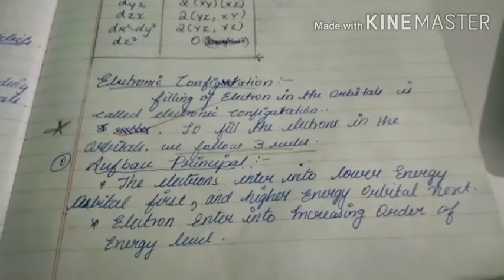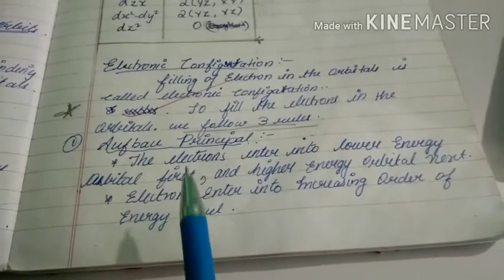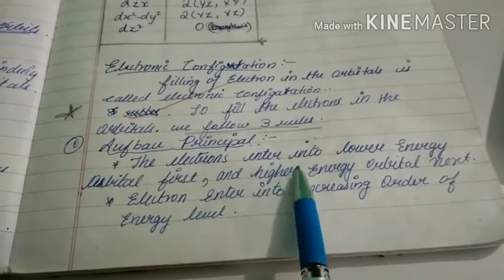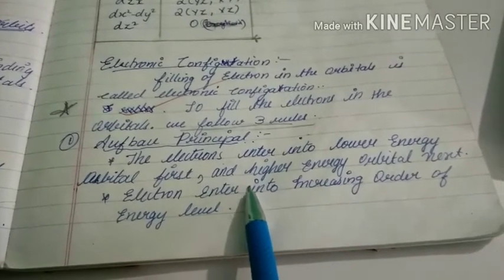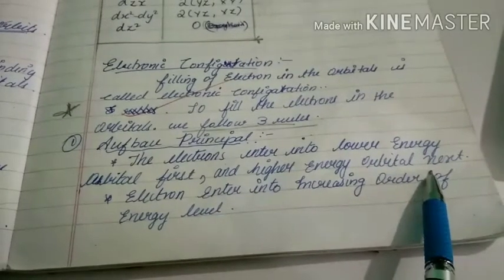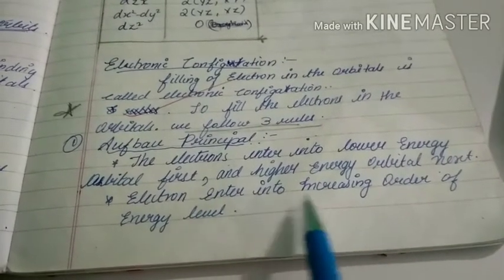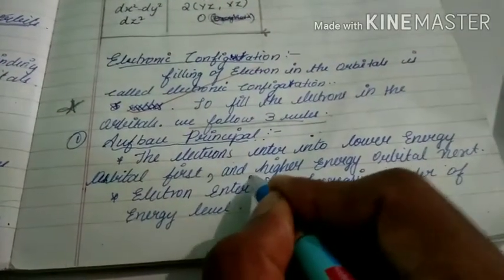These are very important. In case of Aufbau, what is the definition? The electrons enter into lower energy orbital first and then enter into higher energy orbital next. That is nothing but electrons enter into increasing order of energy level.